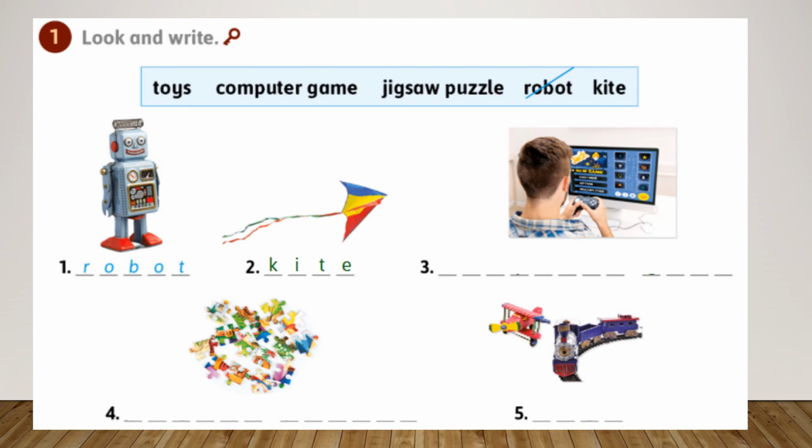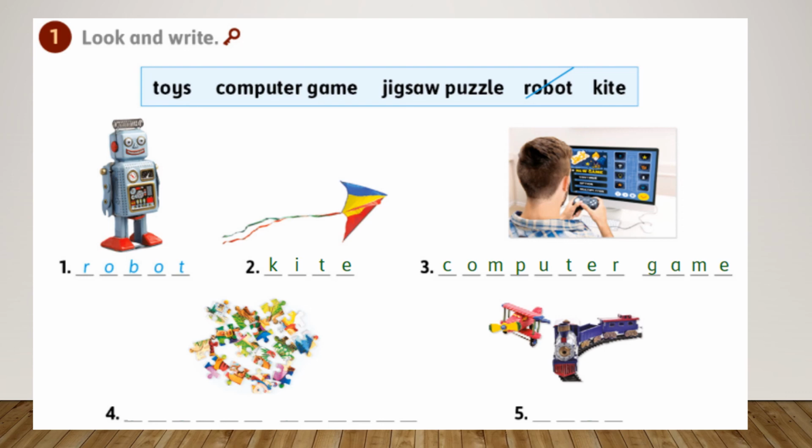Now, what about number 4? What about number 4? Yes, correct answer. Number 3 first, computer game. How many letters? 2, 4, 6, 8, 10, 12 letters.